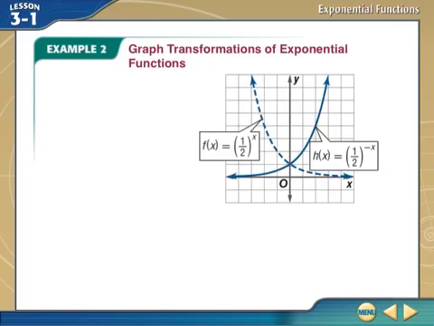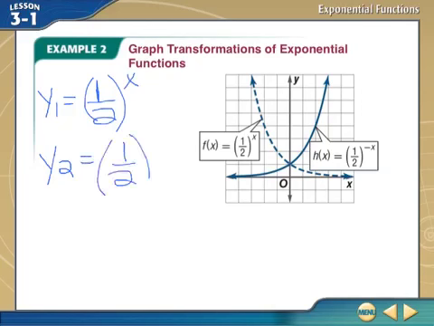In your graphing calculator, you could type in the original function, 1/2 raised to the x power, and in y2, you could graph 1/2 raised to the opposite of x, or negative x. Make sure you use the negative sign, not the subtraction sign in front of x, otherwise you'll get a syntax error.